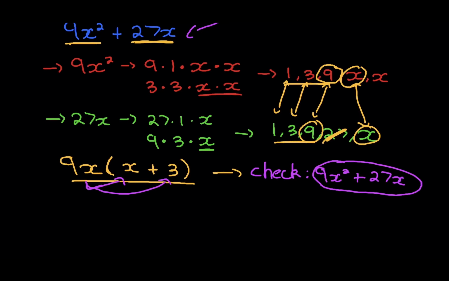Now let's look at one last example. Let's say we have the letters axt plus bt plus cyt. These have no numbers in them, but you can still factorize by finding the common term in all of them.